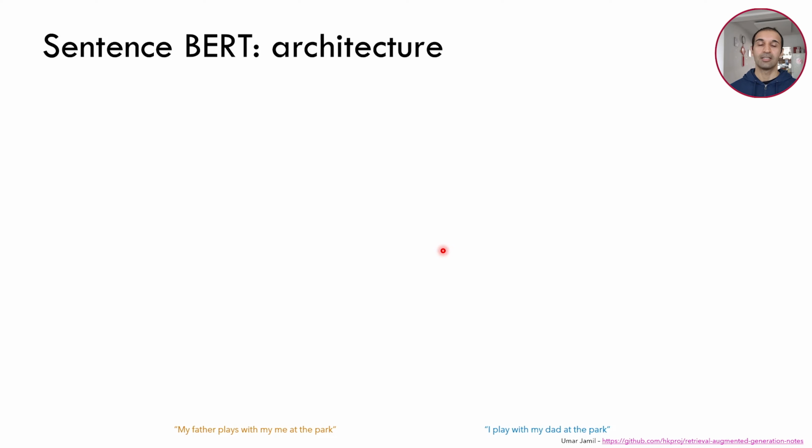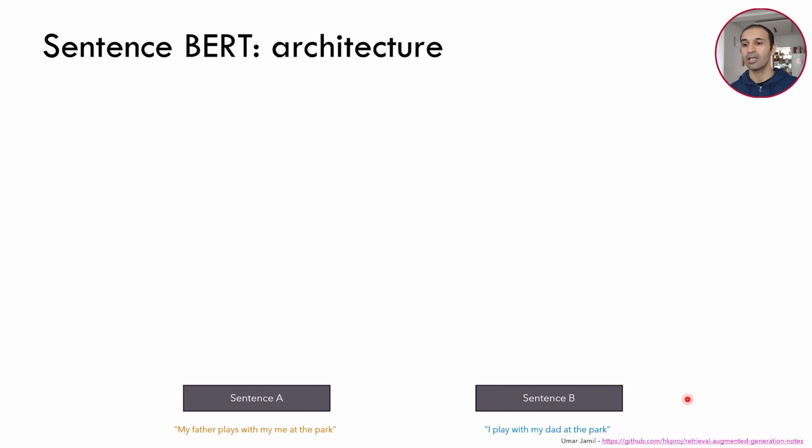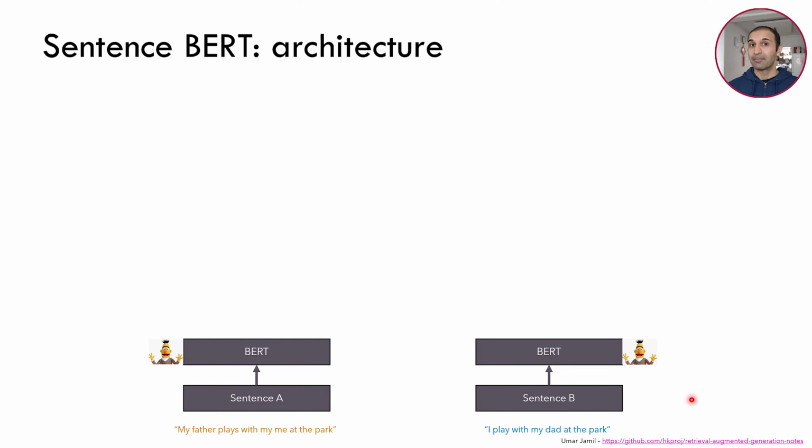Now imagine we have two sentences that are similar in meaning. For example, "my father plays with me at the park," and "I play with my dad at the park." The first one we will call sentence A, and the second one we will call sentence B. We feed them to BERT, so each of them will be a sequence of tokens.